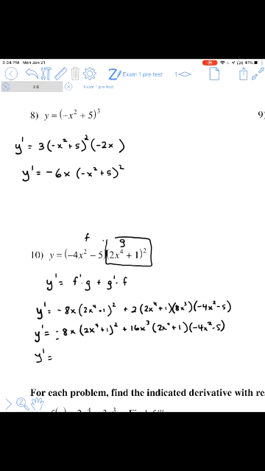Matter of fact, I'm also going to factor out the minus sign with it. So I'm going to factor out a negative 8x and a 2x to the 4th plus 1. So this is the factor that I'm factoring out of both this side of the equation and that side of the equation.